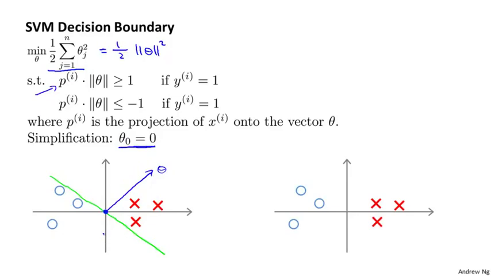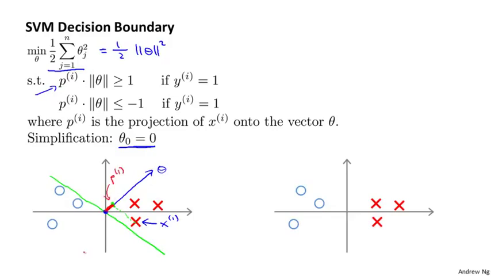So now let's look at what this implies for the optimization objective. Let's say that this example here is my first example, x1. If we look at the projection of this example onto my parameters theta, that little red line segment is equal to P1.